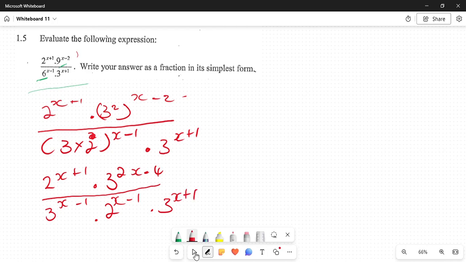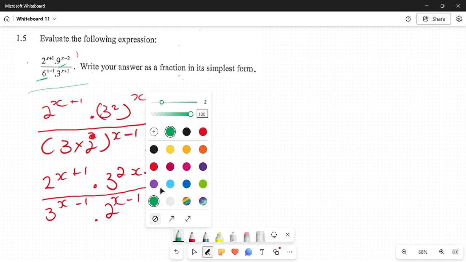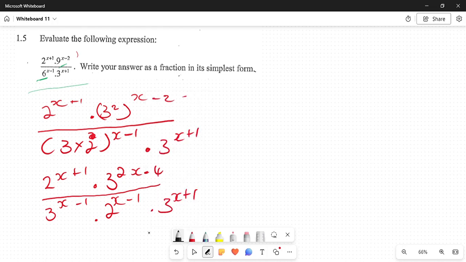Now, let's simplify the top and the bottom, which means by simplifying the top and the bottom, we're gonna get the following.